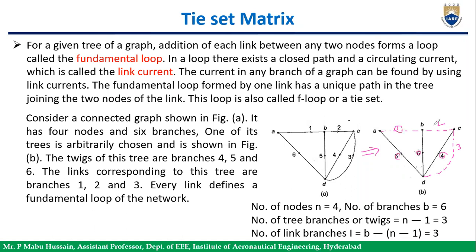Now these branches 1, 2, 3 will become a cotree, and the branches of the cotree are called the links. 1 is a link, 2 is a link, 3 is a link. And the branches of the tree are called the twigs. So 4, 5, and 6 are the twigs.